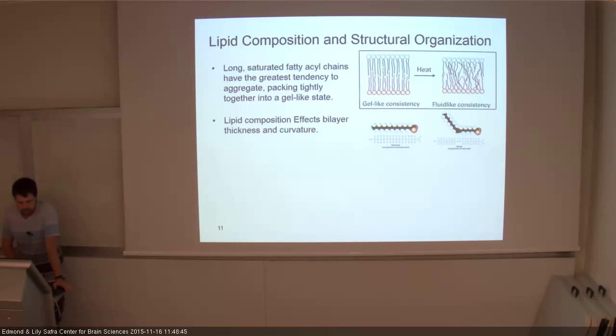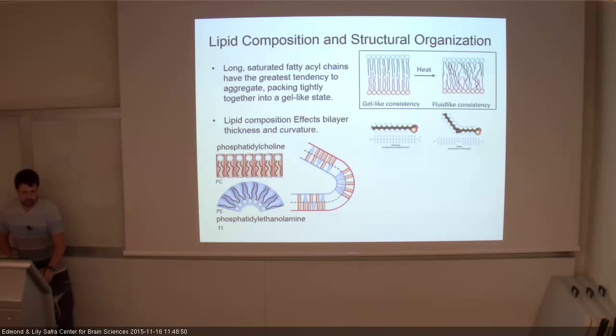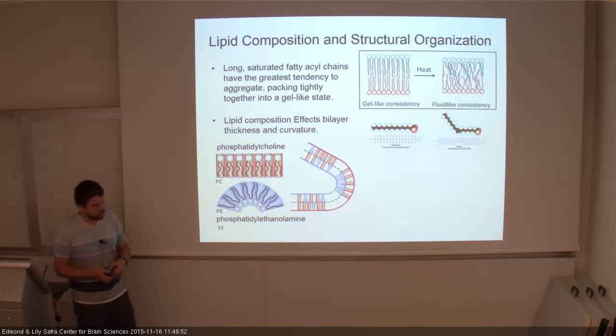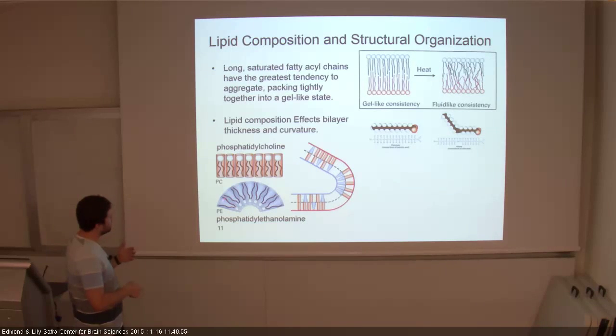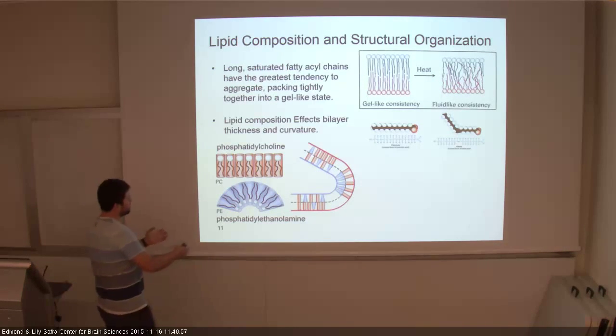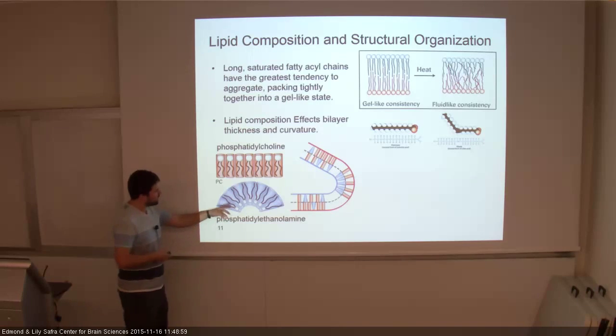So obviously lipid composition affects the thickness and also the curvature of the bilayer. And how is this possible? Certain lipids tend to form a cone-like shape.